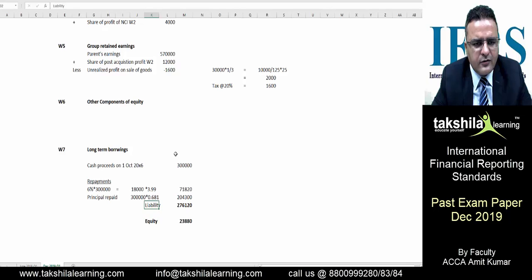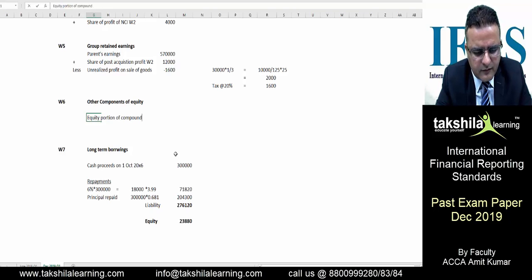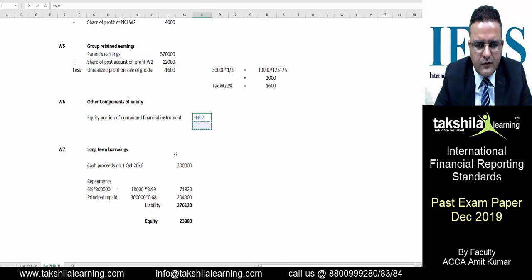This will also be presented as part of other components of equity. Equity portion of compound financial instrument is equal to 23,880.